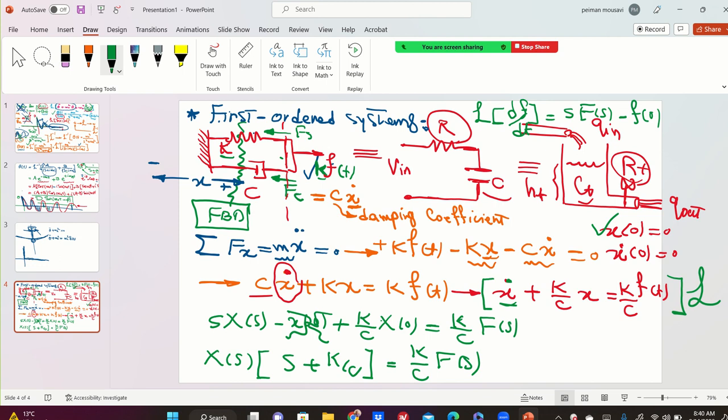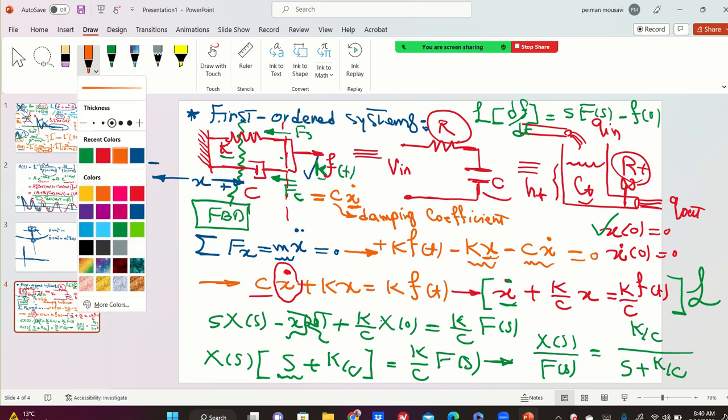Here is the first order system because the highest order in the denominator is s, not s squared, not s cubed, not s to the fourth. So the output of the system, the closed transfer function over the input of the system, is k over c divided by s plus k over c. So this is a first order system.